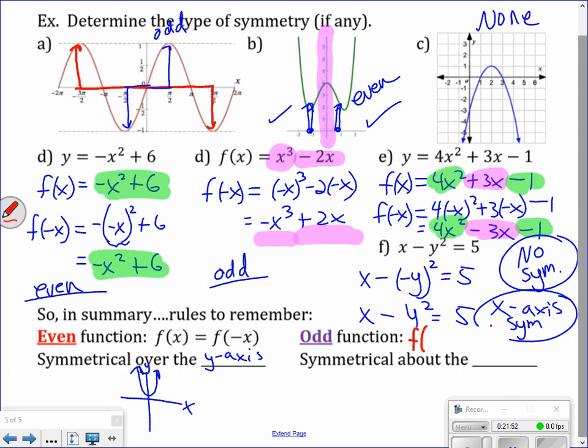Write this: f of negative x equals negative f of x. Sorry. So when you plug in negative x, you get the opposite of the original. Okay, there we go. So an odd function has symmetry about the origin. A good one to think of for that is a nice little cubic function, symmetrical about the origin. If you take the right side and twist it about the origin, you get the same thing.